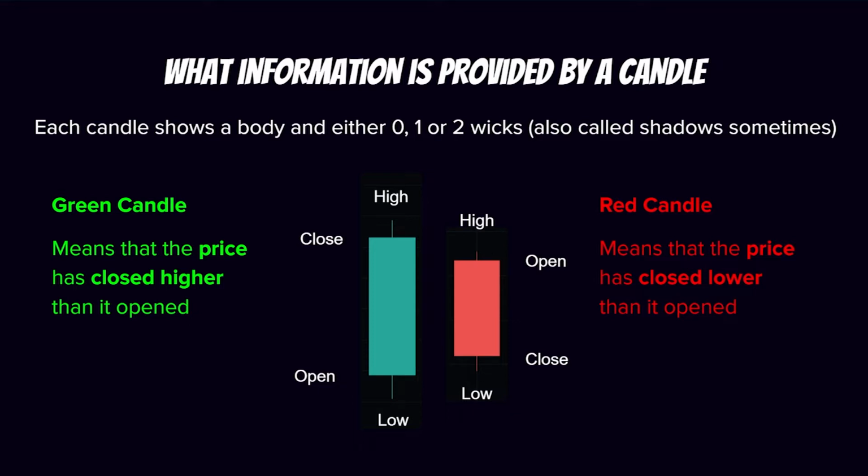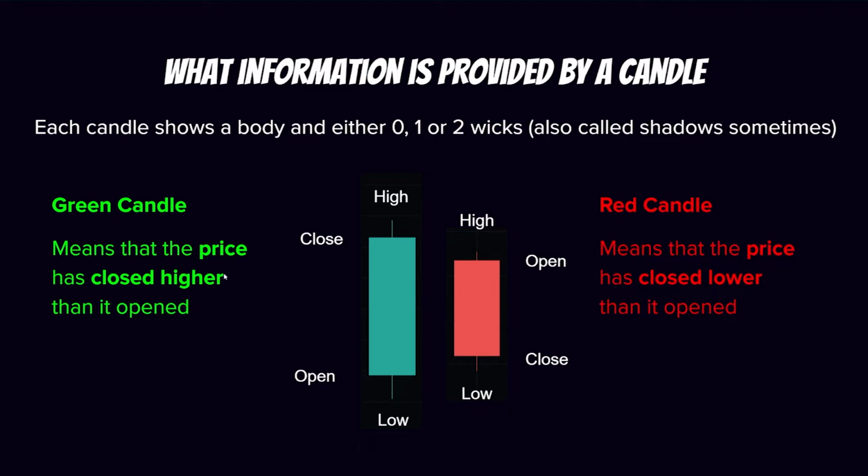What information is provided by each candle? A candle is this shape, and it's called a candle because it has a body and usually 0, 1 or 2 wicks, depending on the shape, and they can be green usually or red. But you can have them in other colors in other charts.